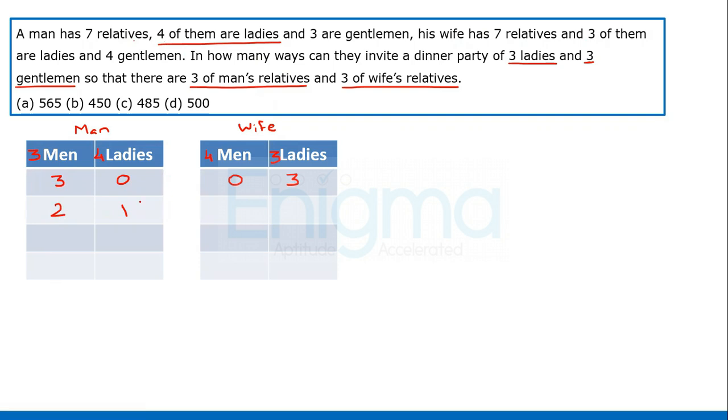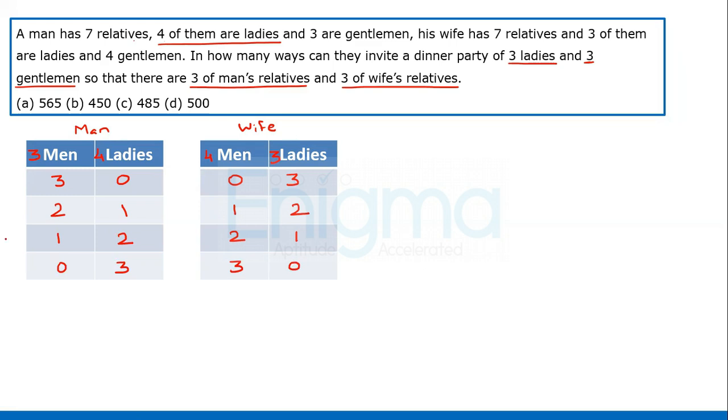As we have selected two men over here, there will be one man selected and two ladies will be selected. In the third case, there will be one man and two ladies selected from the man's relatives, and two men and one lady selected from the wife's relatives. The fourth case will be zero men, three ladies from the man's side, and three men and zero ladies from the wife's side.